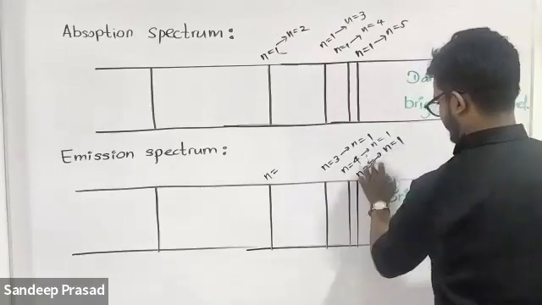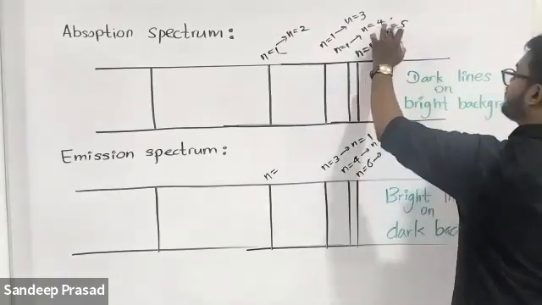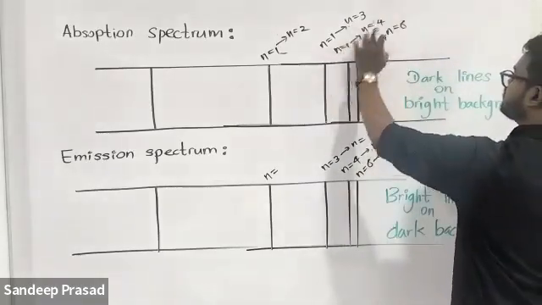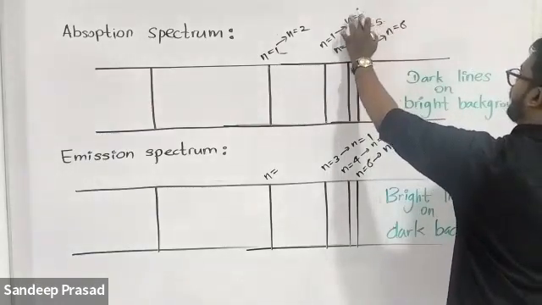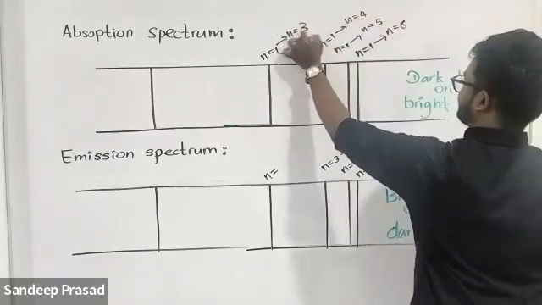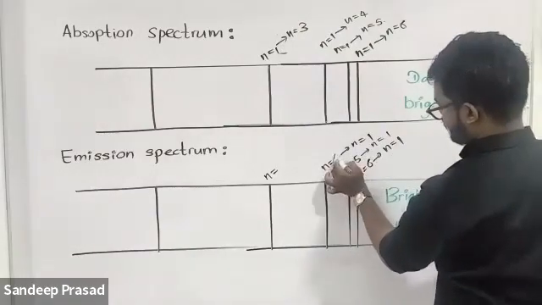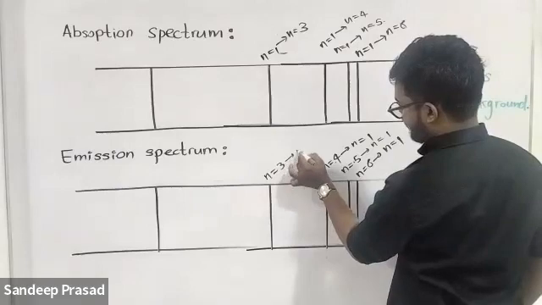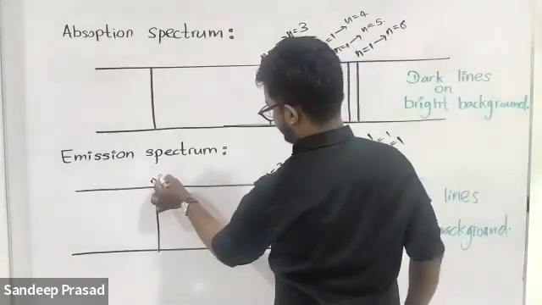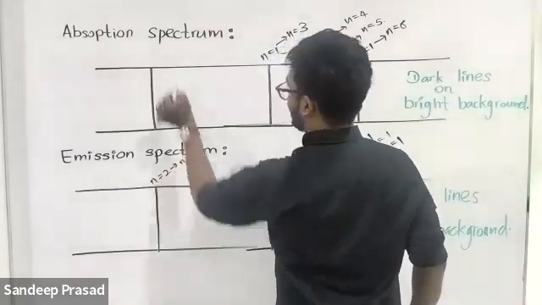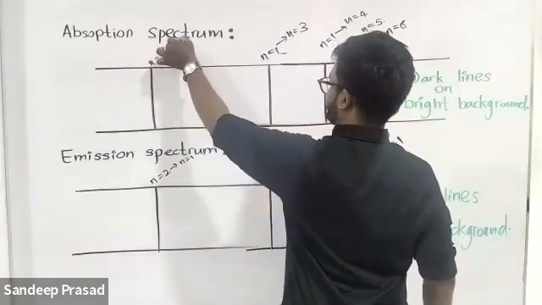Here we can consider 6 to 1. Here 5, 4, and here 3. And here 5, 4, n equal 3 to n equal 1, n equal 2 to n equal 1, and n equal 1 to n equal 2.